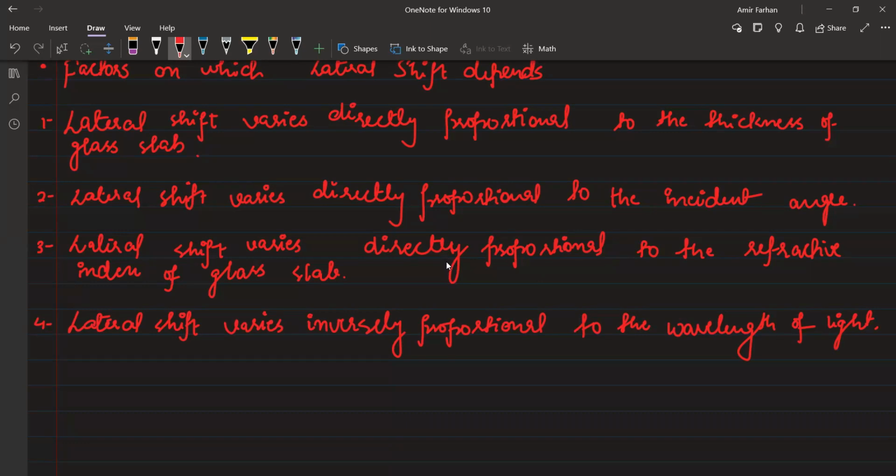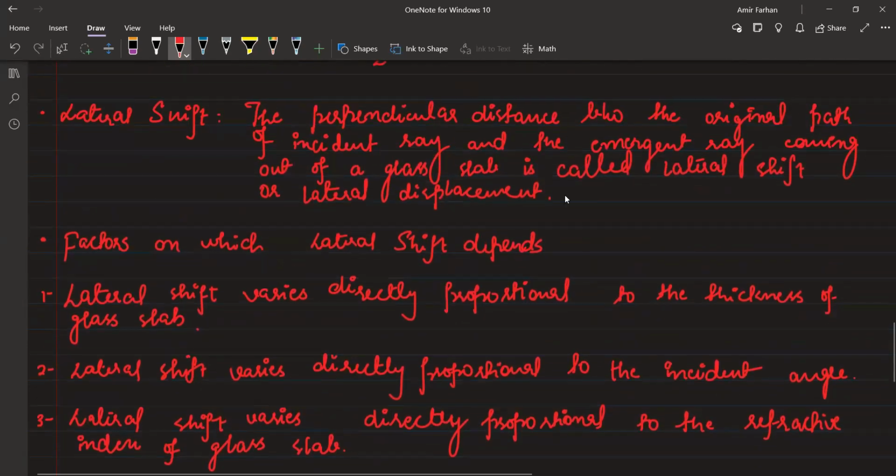So now we are going forward to the image formation by the lenses. Just a second. Let me share my screen again.